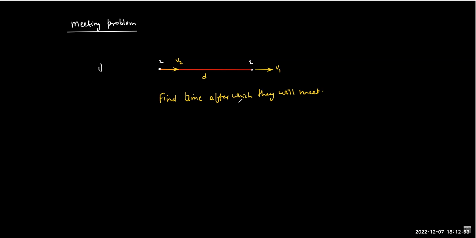Now I will just demonstrate how to write the equation. This is pretty easy, we can do it mentally, but the thing is how to write the equation. What is given to us is the separation between them. As a common practitioner of problem solving, we choose some coordinate system so that we can write positions easily. Let's take 2 as the origin, and the moment you take 2 as origin, its coordinate is (0, 0).